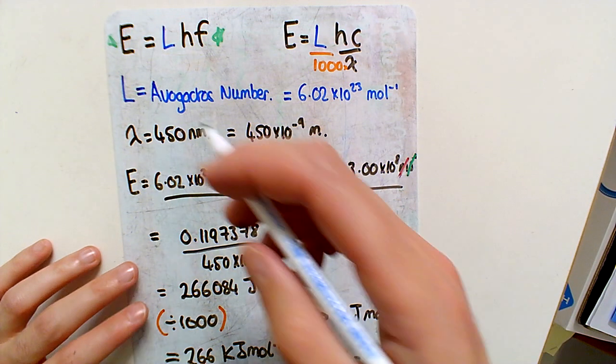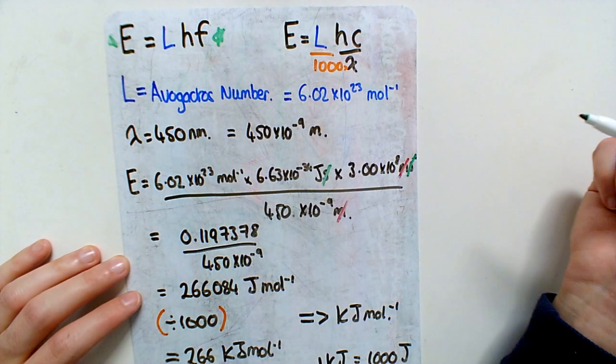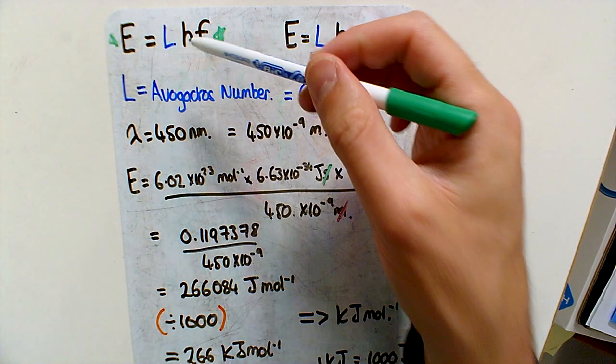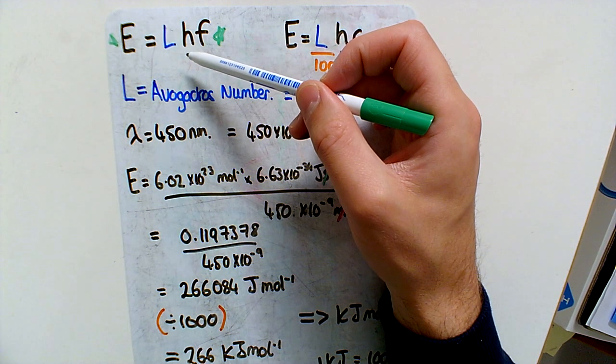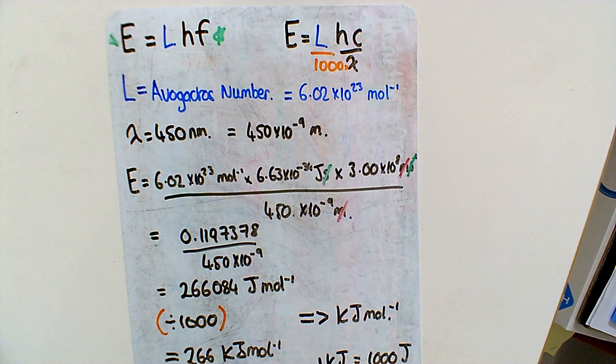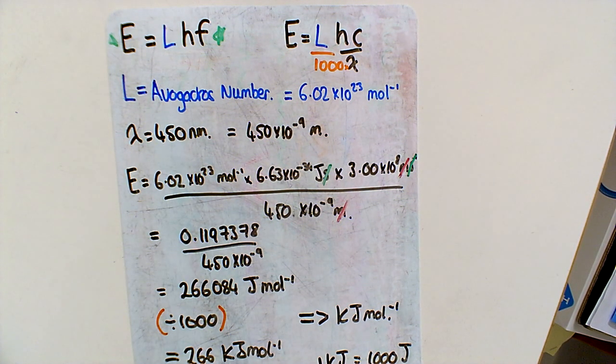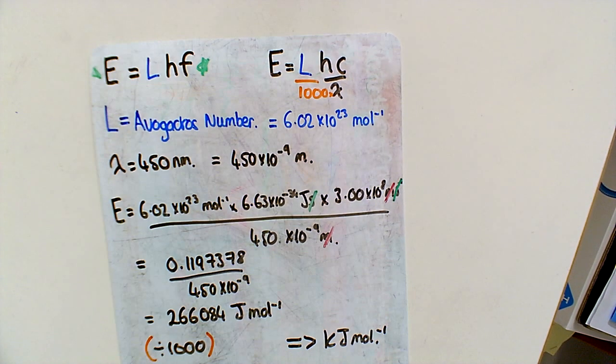If you use that, your answer will be in joules per mole, and you'll need to divide by 1,000 to get it into kilojoules per mole. So you can either put the 1,000 in the equation at the start, or you can remember that this one gives you joules, and divide by 1,000 later on.